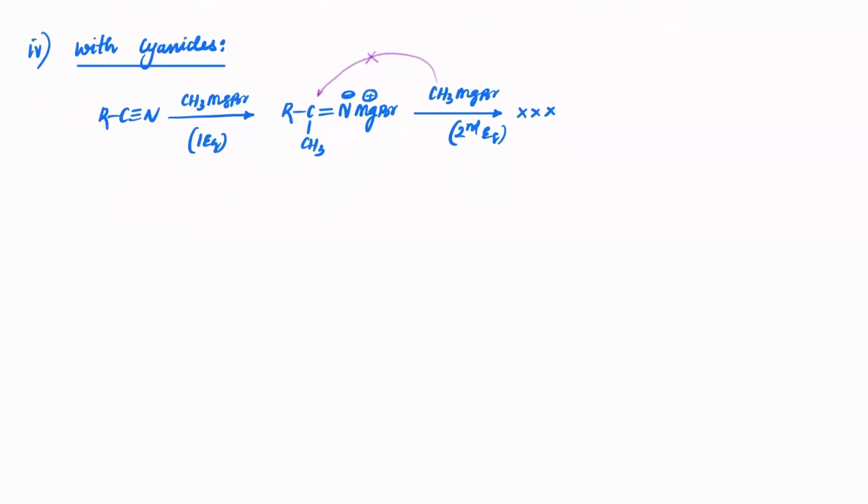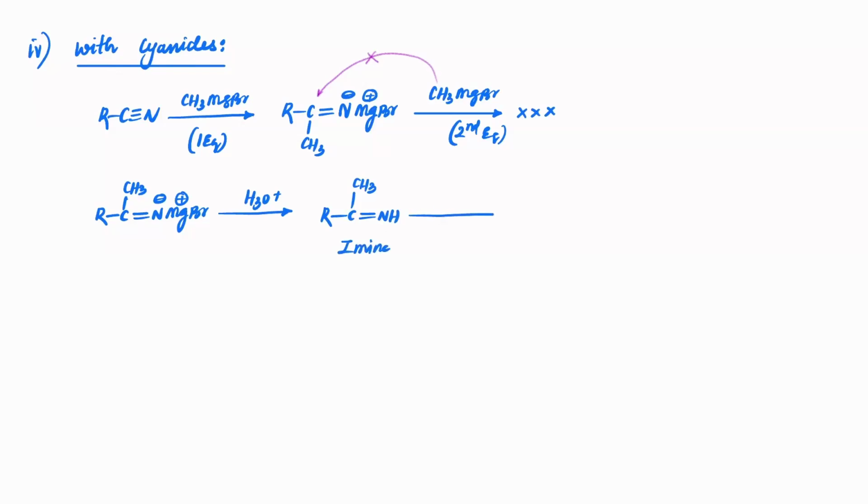So since the next reaction will not happen, what do we end up with? You have RC(CH3) double bond N minus MgBr plus. This is where it will halt, and then after hydrolysis, the first thing you will get is RC(CH3) double bond NH. This is called an imine.